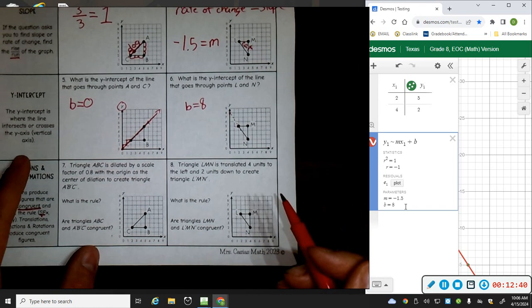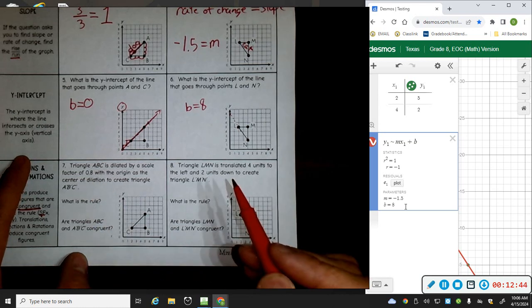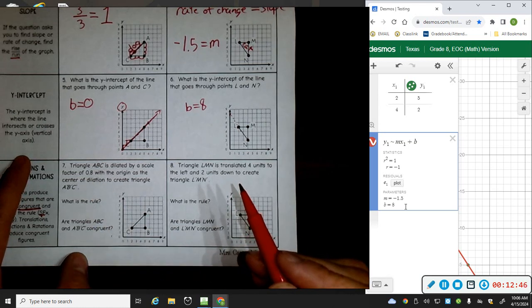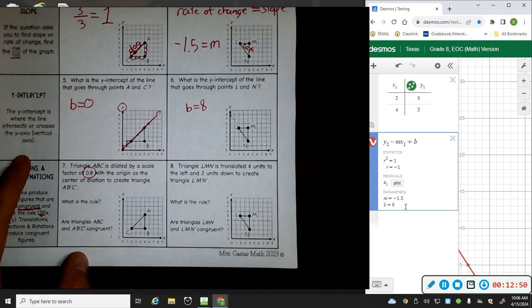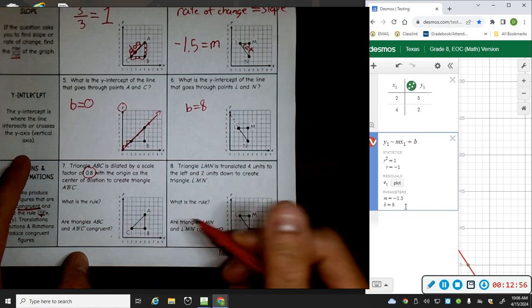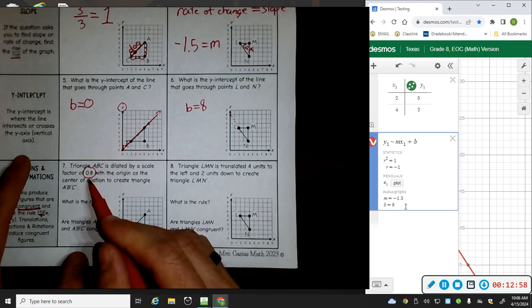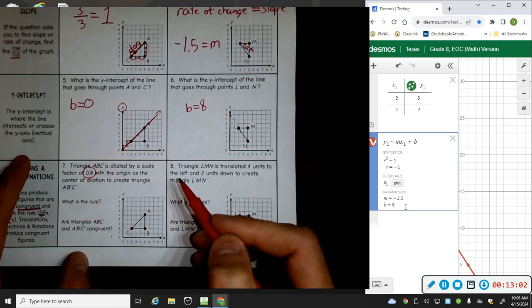So number 7 says triangle ABC is dilated by a scale factor of 0.8 with the origin as the center of that dilation to create the triangle. So here's our scale factor, right? And basically what we're doing is we're taking our points, these 3 points, and we're multiplying them by the scale factor of 0.8. So first of all, what is the rule?